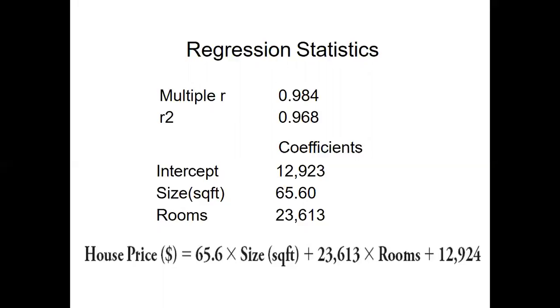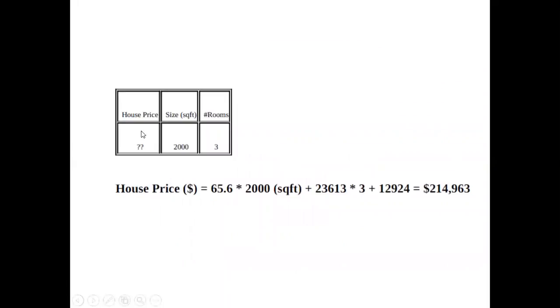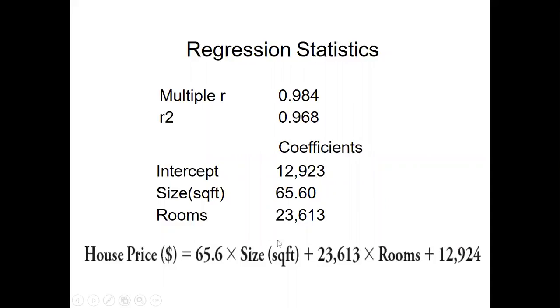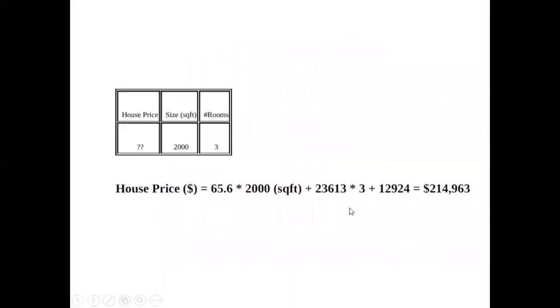Say, for example, given a situation like this, it will be possible to predict the price of a house with 2000 square feet and 3 rooms. Suppose we apply this equation for predicting: 65.6 times 2000, the size of the house, plus 23,613 times 3 rooms, plus the intercept.